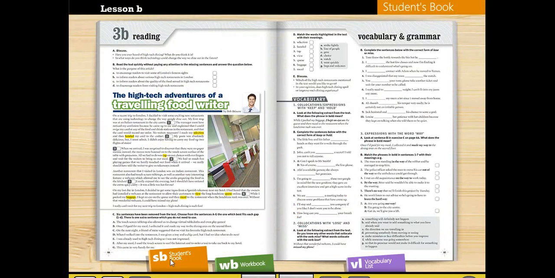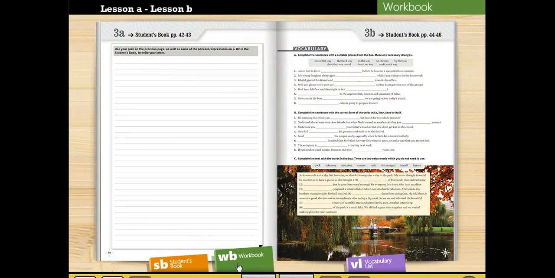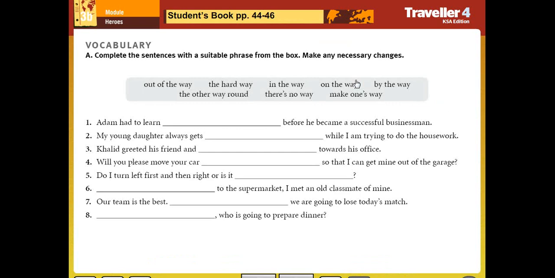So now let's move to our workbook, page 41. It's about the same expressions or the same exercises we've just discussed together. Page 41. Yes, it's still fresh. Adam had to learn. Yes, I think it was the one before the last. He had to learn before he became a successful businessman.